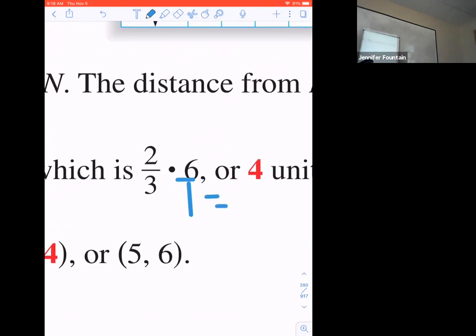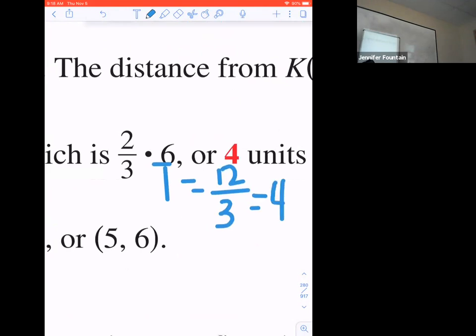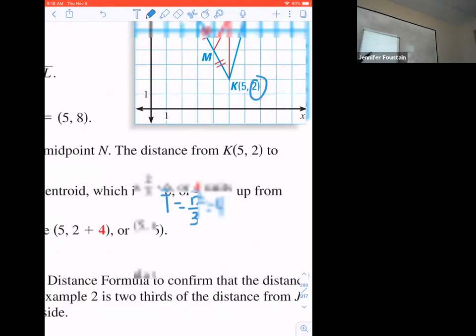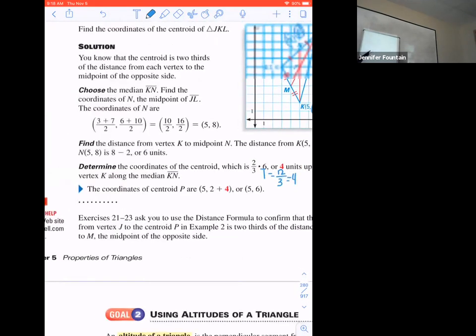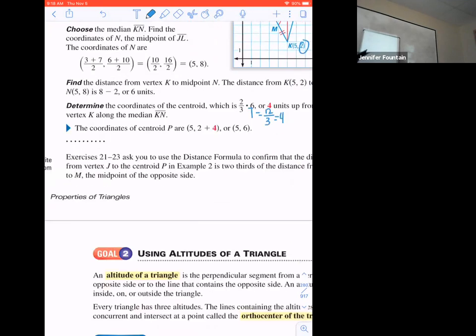So if I multiply 6 times 2 is 12, and 3 times 1 is 3. So 12 divided by 3 is 4. Remember about multiplying fractions. Okay, so you know it is 4 units up from vertex K. So if I'm looking at my ordered pair (5, 2), and I need to go up 4, then my centroid will be at (5, 6). Okay.